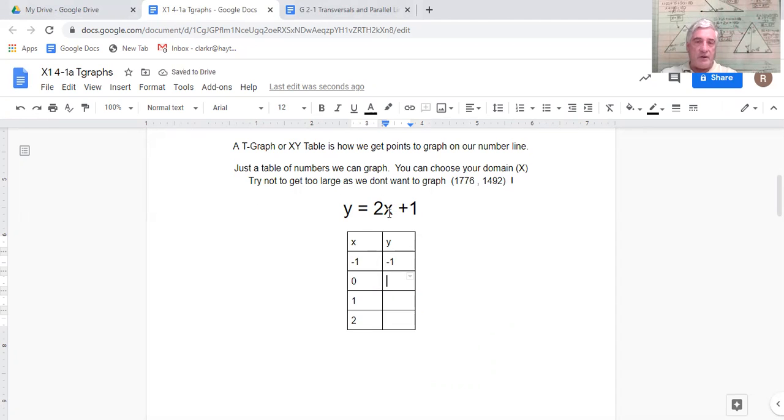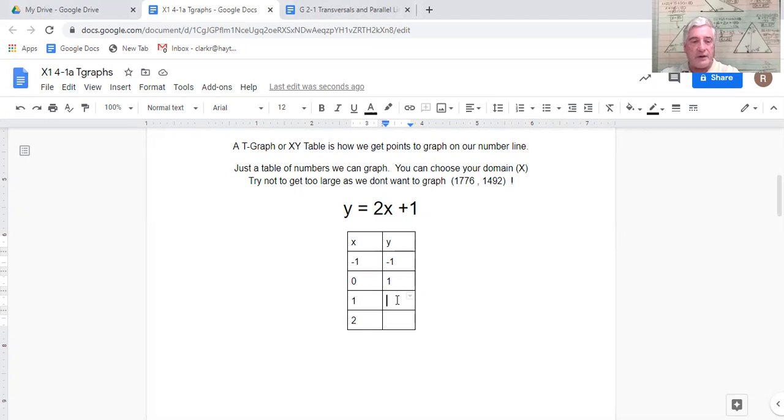We're going to put in 0. 0 is the easy one. I always get 0 because when x is 0, it's not there. So 2 times 0 is still 0, and we add 1, we get 1. If we put in 1, look at my pattern. Minus 1, 1. I think I got a pattern.